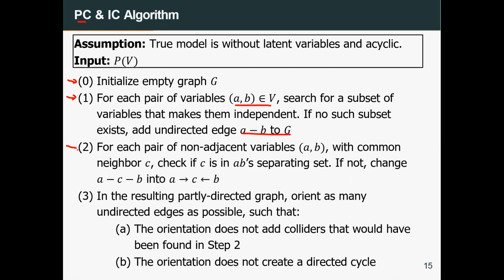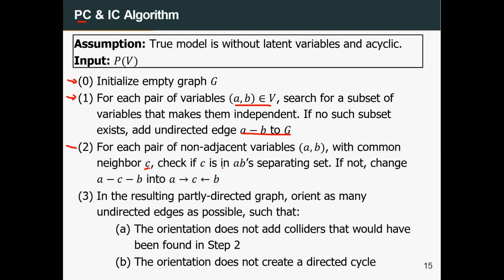For the second phase in this algorithm, we're going to try to leverage the fact that colliders will naturally block. So for every pair of non-adjacent variables A and B, if they have a common neighbor C, we're going to check, is C in AB's separating set?